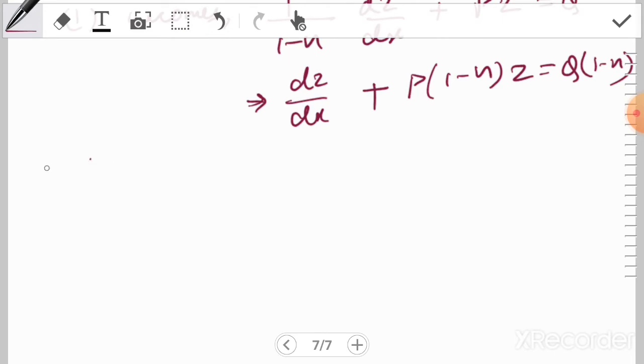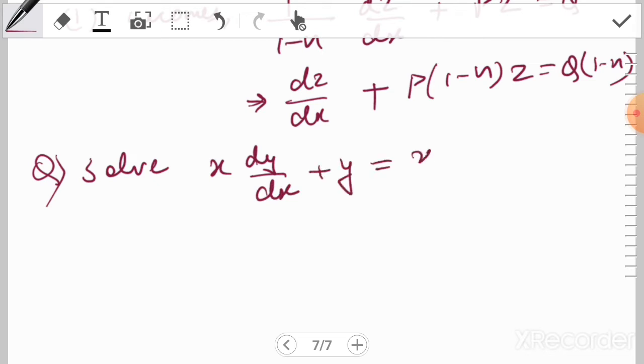Solve x dy by dx plus y equals x cube y raised to the power 6. We have to remove this y term from the right hand side, so we will divide throughout by x y raised to the power 6.